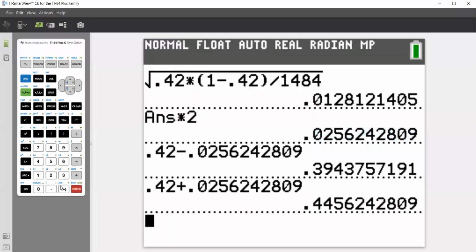All right, so if we rounded these to 3 decimal places, our confidence interval was 0.39 to 0.45, right? That's what we got through the traditional method.